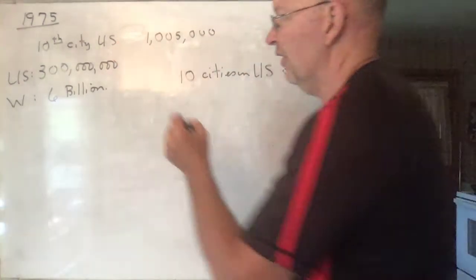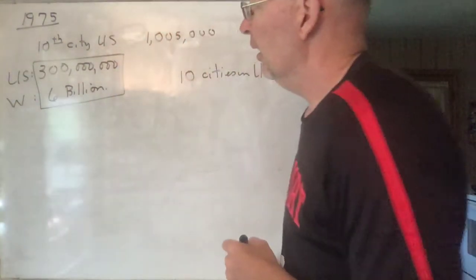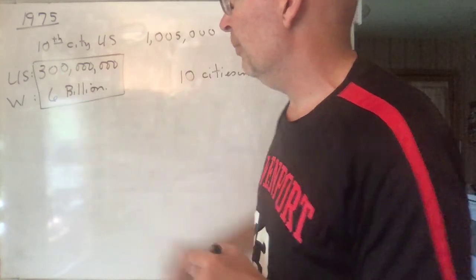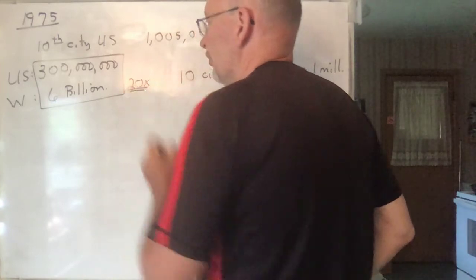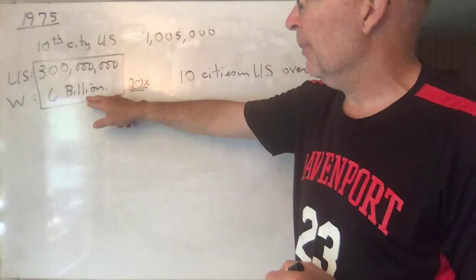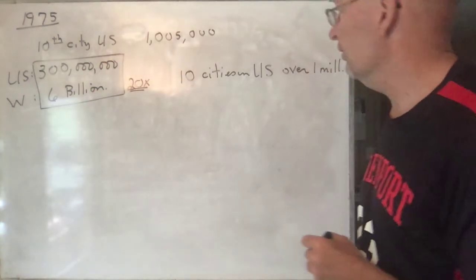And then I looked at this and I said, well, what's the ratio of the U.S. to the world? If you take 300 million and multiply it by 20, you're going to get 6 billion. So this is 20 times as big. That's 20 times, basically. The U.S. has 1/20th of the population of the world. Okay, it did back then, and it does still today.